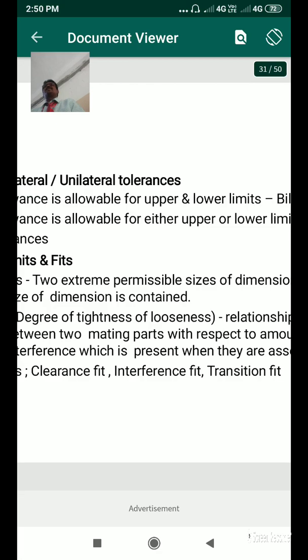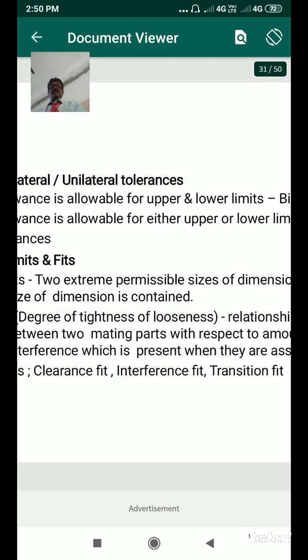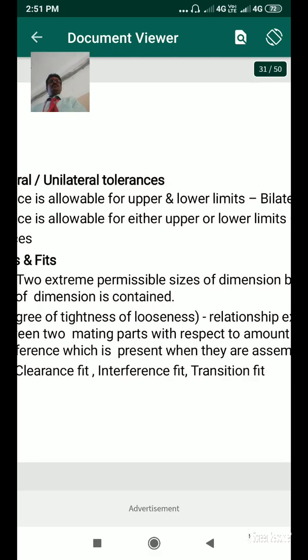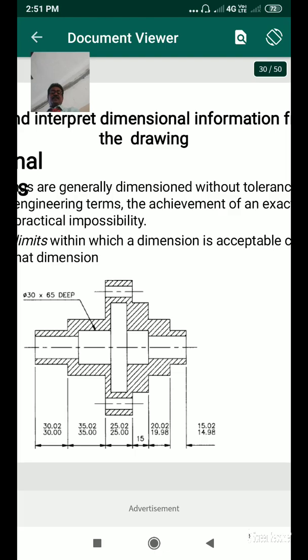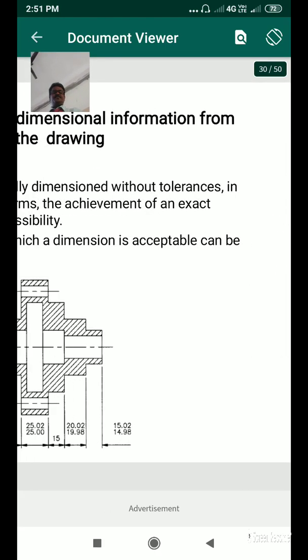So 25 plus or minus 0.02 is possible. That is called bilateral tolerance. Unilateral tolerance is either upper or lower. So in the drawing we use only the upper level, such as 30.02. That is called unilateral.